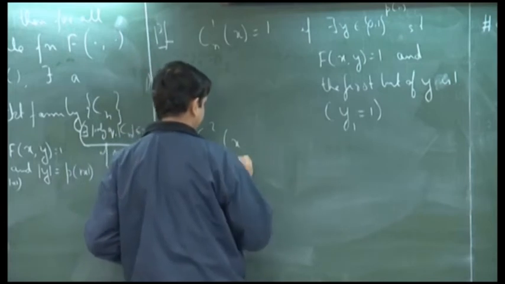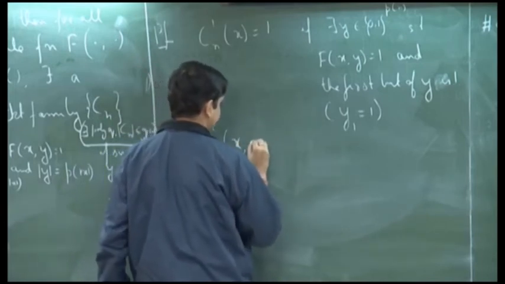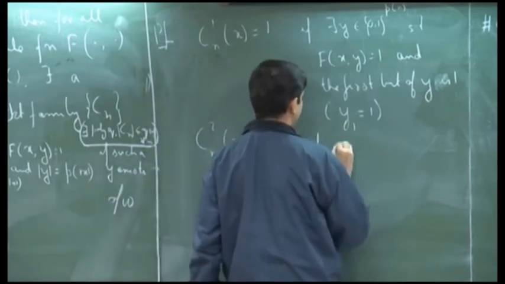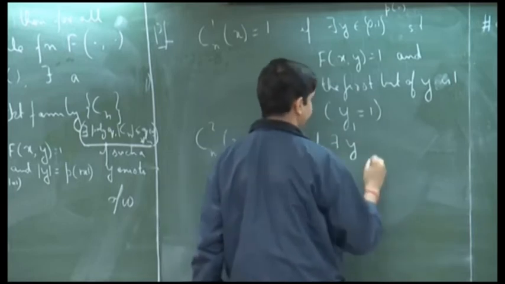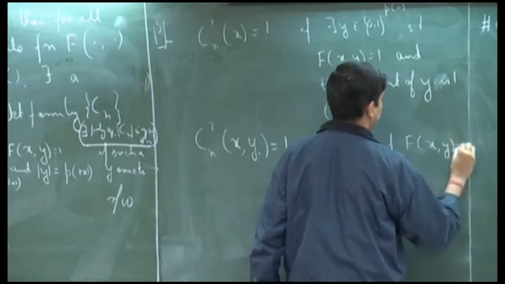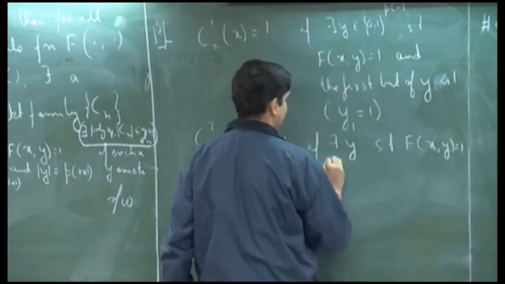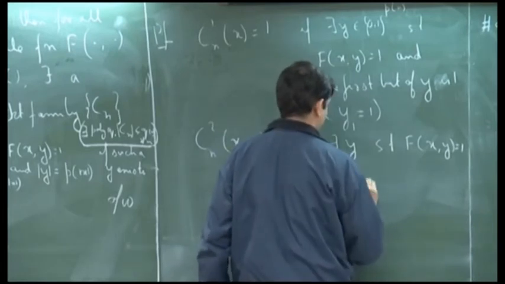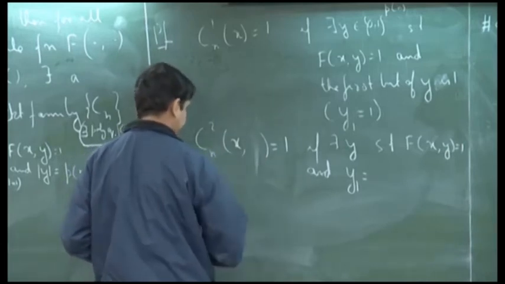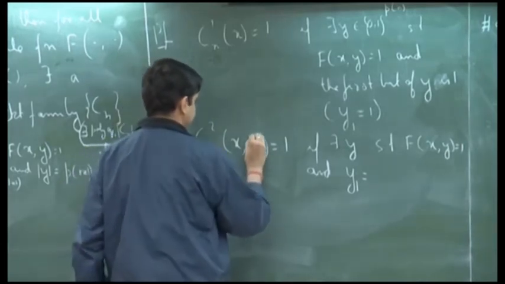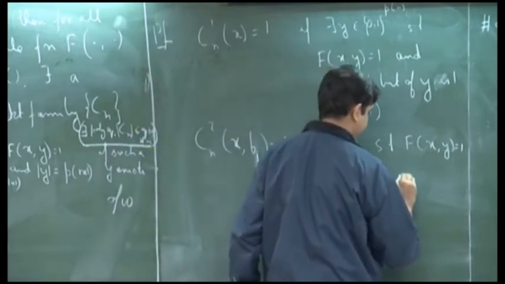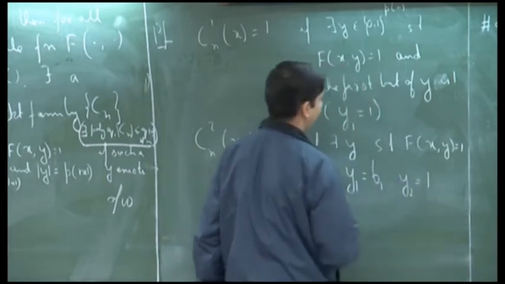So, Cn2 of x takes x and it also takes the bit b1. It outputs 1 if there exists such a y such that f of x comma y is equal to 1 and y1 is equal to b1 and y2 is equal to 1.